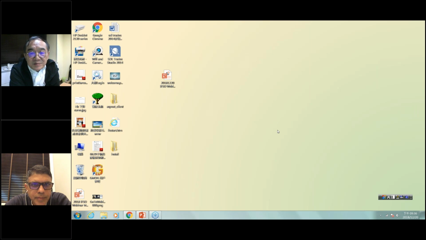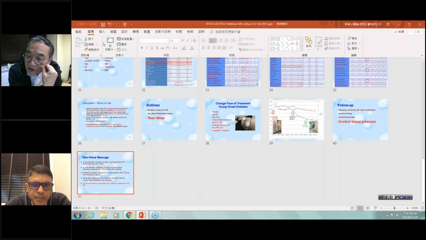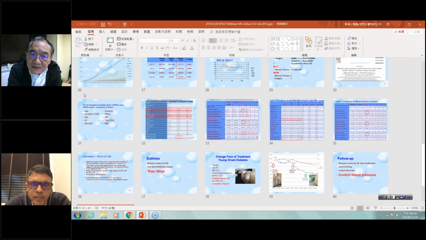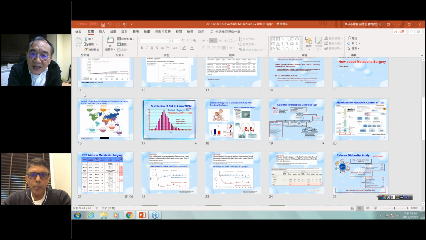You mean the blood pressure control? And lipid control. For lipid control, I think the data shows bypass is much better than the sleeve, especially for LDL. But for blood pressure, we don't see so much difference. I think the blood pressure mechanism is quite complicated.